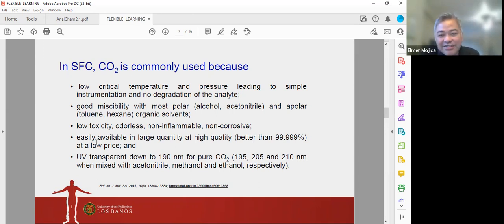You can get 99.999% at a low price. And it's UV transparent down to 190 nanometers for pure CO2. You can also utilize 195, 205, and 210 nanometers when mixed with acetonitrile, methanol, and ethanol, respectively.